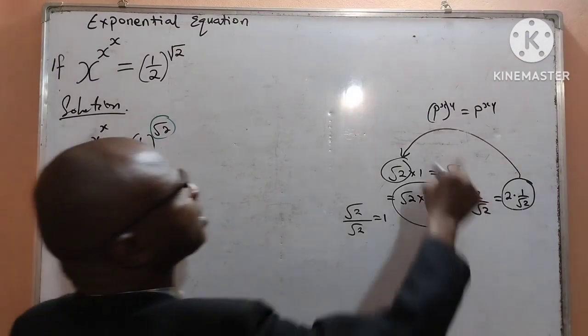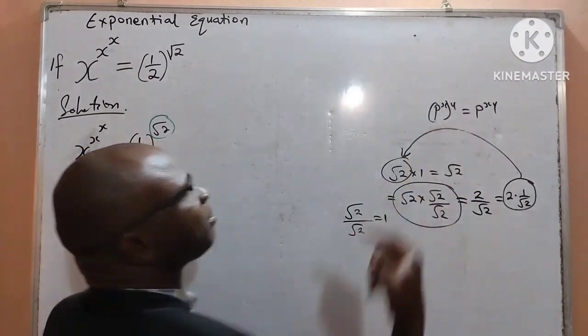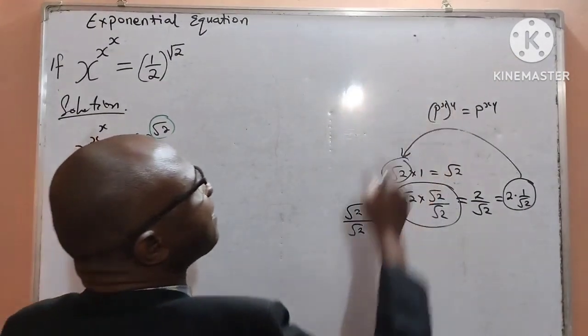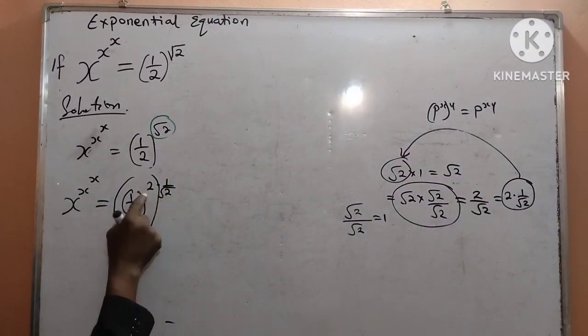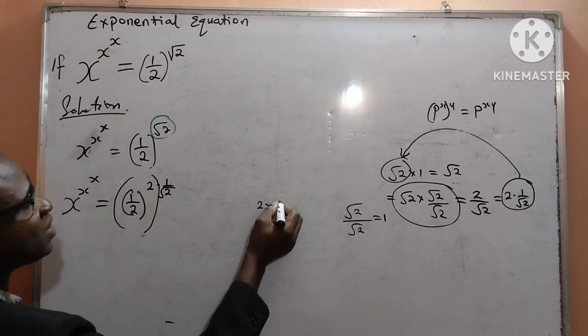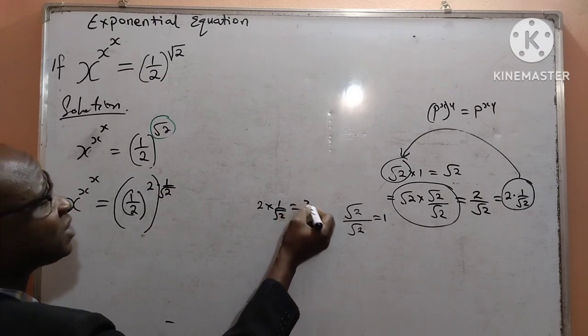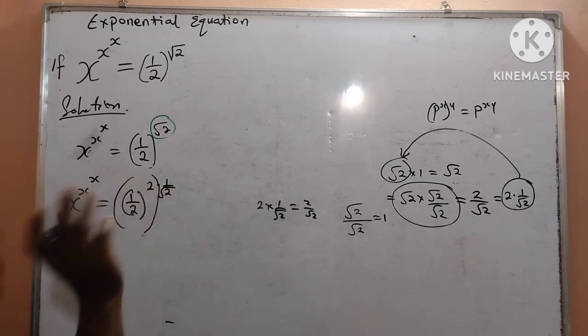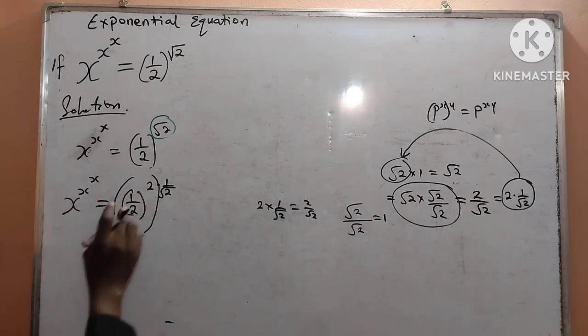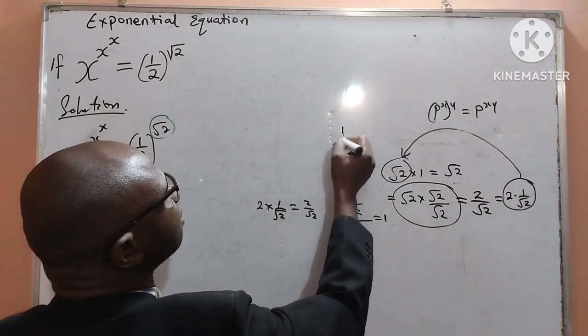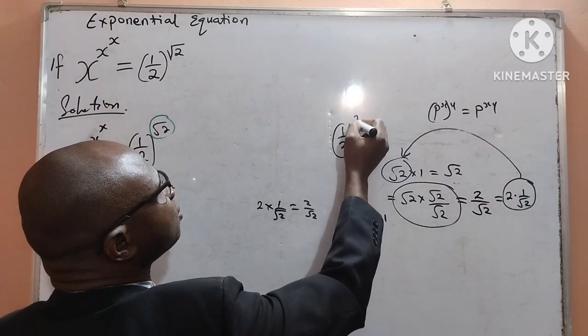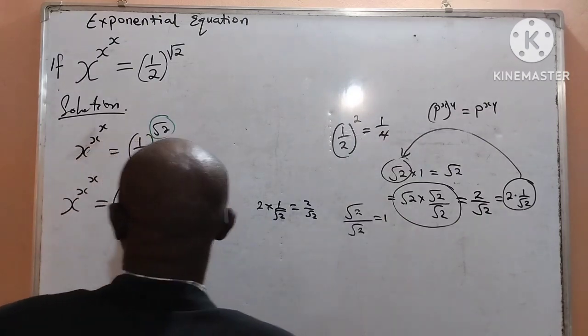Now, because the powers can multiply, if I do 2 times 1 over root 2, I will still get root 2. So I have not changed anything. Therefore, 1 all over 2 raised to power 2 is 1 all over 4.